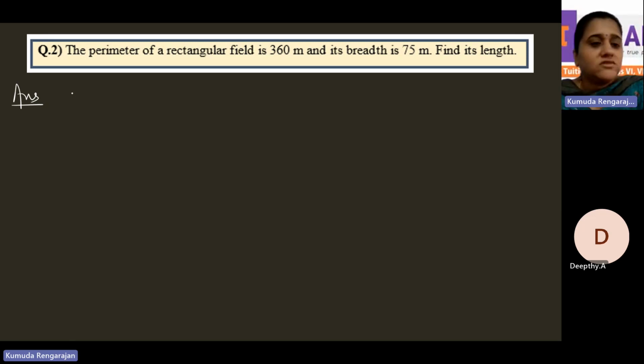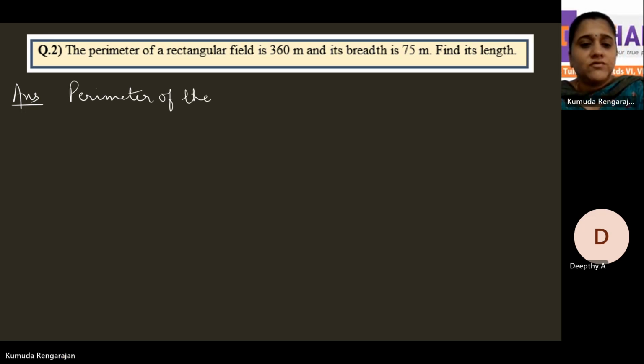So I'll help you start. So we need to start like this. Perimeter of the field is equal to 360 meters.